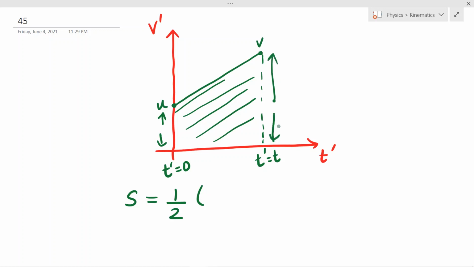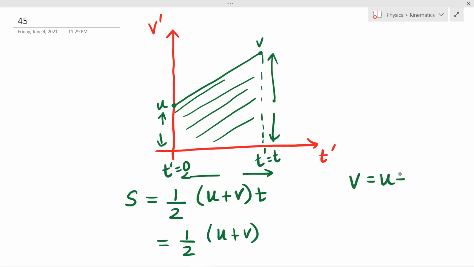This will be u plus v, into t, where t is the height. So this becomes half. Now I can substitute for t by v is equal to u plus at, we know. So we can substitute for t as v minus u by a.